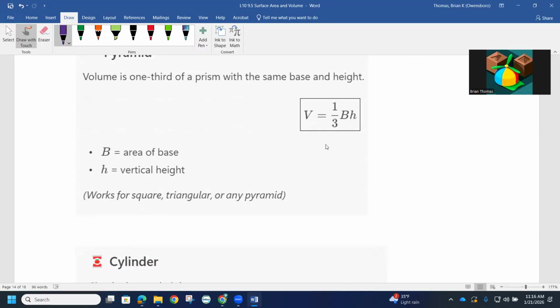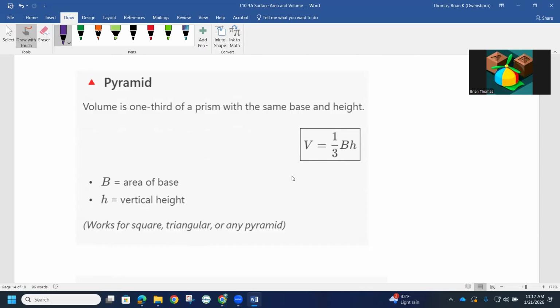A pyramid is going to be the base area times the height, but you actually have to take a third of that. So that's going to be the formula to find the volume of a pyramid. Now remember, the pyramid can have different shaped bases.